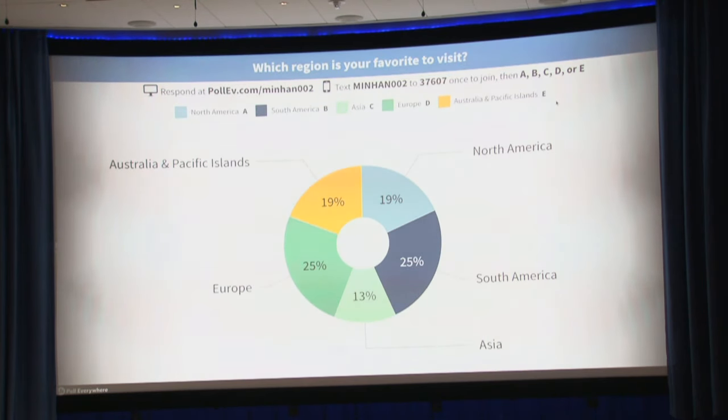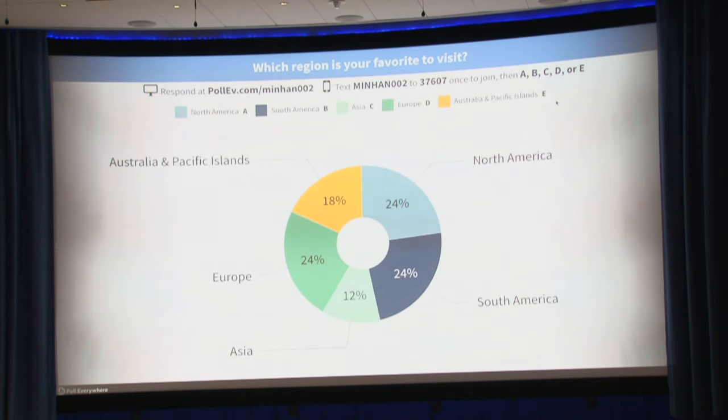So these answers are anonymous. I cannot really tell who answered what question and how they answered it. And that's why students could feel comfortable answering whatever they want to say. Meanwhile, in a class, if you have to raise your hand and answer, some people may find it uncomfortable.